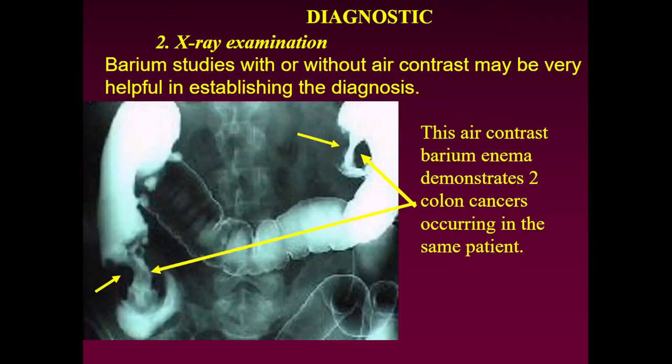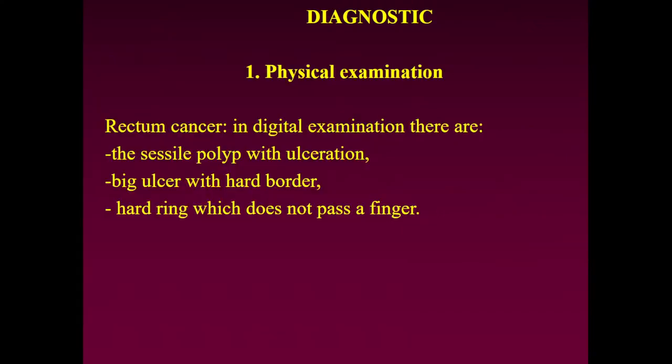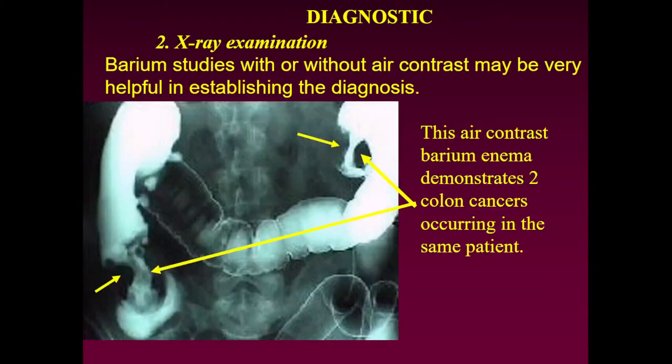Diagnostics of colorectal cancer. The second method of diagnostics is X-ray examination. Barium studies with or without air contrast may be very helpful in establishing the diagnosis.